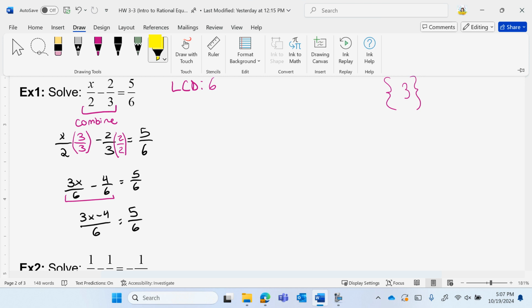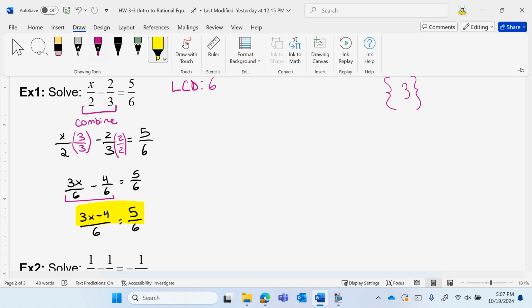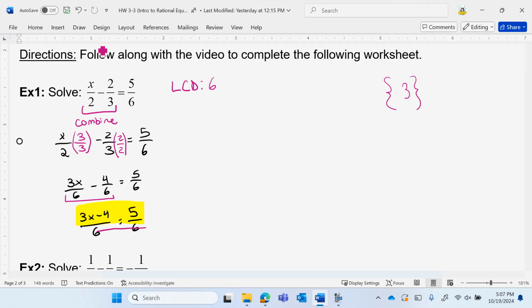So the only thing that's different about these two fractions is the numerators. Because the denominators are the same, we no longer have to worry about getting them the same, which means we can ignore them, and we just try to get the numerators equal to each other.